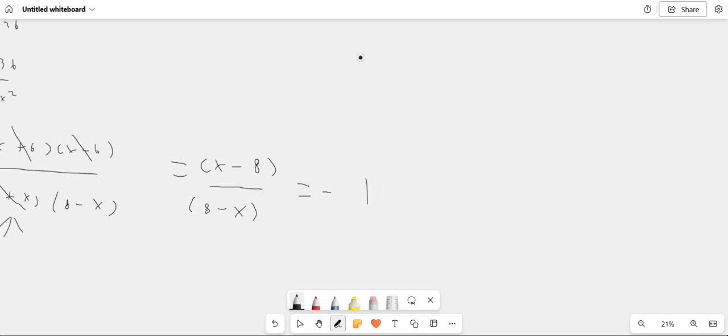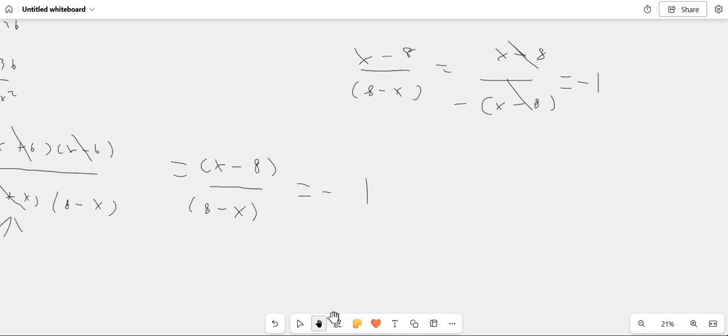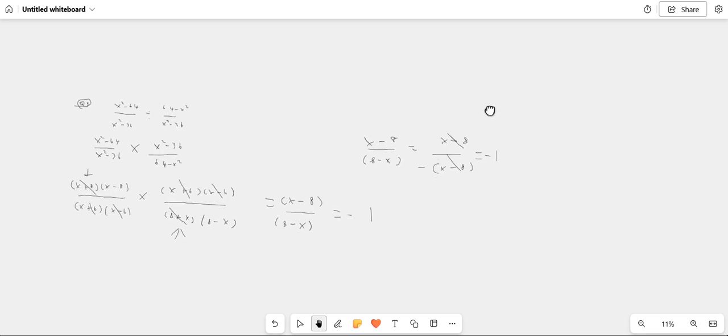Another way of doing it as well is I can say that x minus 8 over 8 minus x here, and I can bring outside the -1. So take -1 out from 8, that becomes -8, and take -1 out from x, that becomes plus x, so that becomes x minus 8, yeah. And so then divide it, that's going to be 1 over -1, which is -1, yeah. Alright, calm. So that's how you answer that.